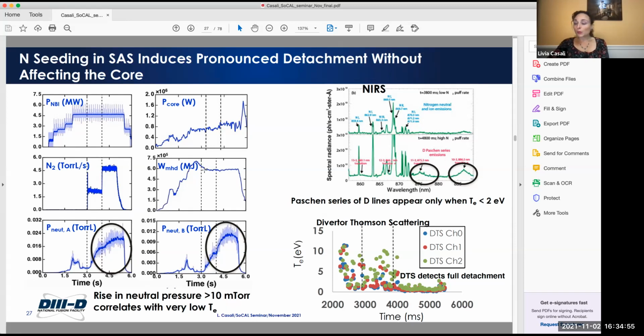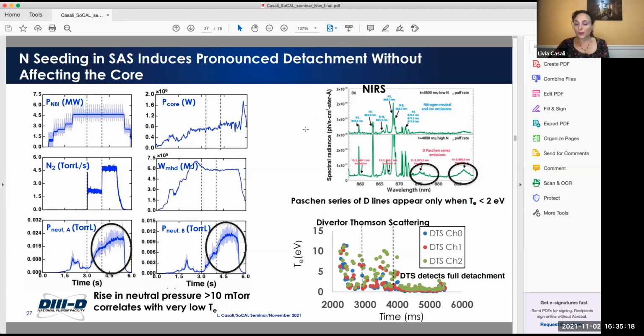But the WMHD is not changing, so the core is not affected. We are able to achieve a very low temperature in the divertor. After 4 seconds, after this second step, the divertor Thomson is actually measuring a temperature of roughly 0.5 eV.